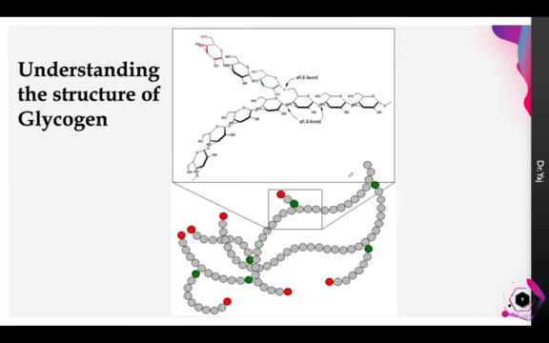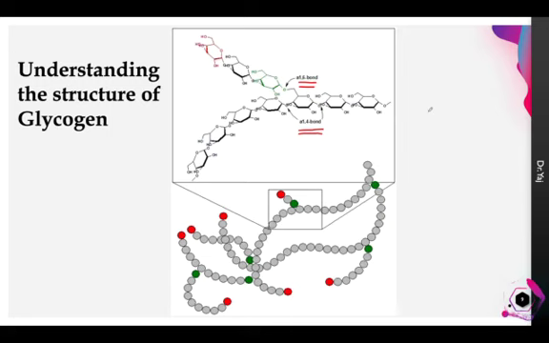Now, if I look at the structure of glycogen quickly, then I can see that there are two types of linkages that exist, the alpha 1,4 glycosidic linkage and the alpha 1,6 glycosidic linkage.